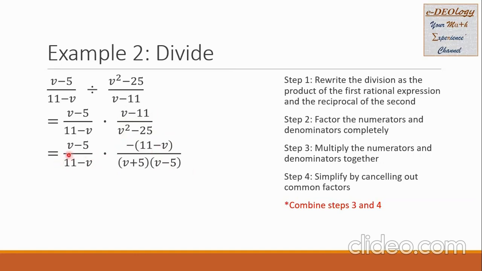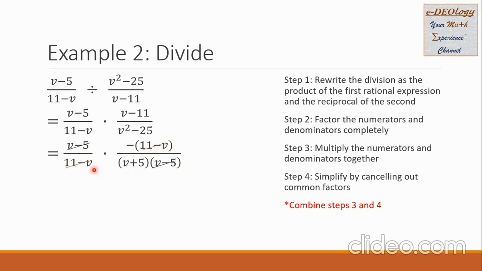So we will now go to step 3 and step 4, we will combine them. We will now cancel common factors. The v minus 5 can be cancelled with the v minus 5 here. The 11 minus v, we will now cancel with the 11 minus v.